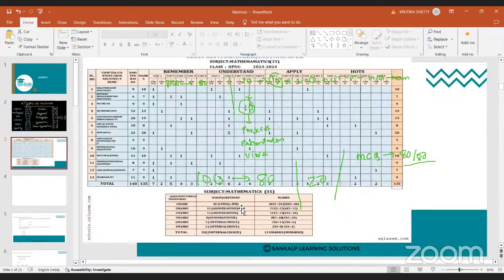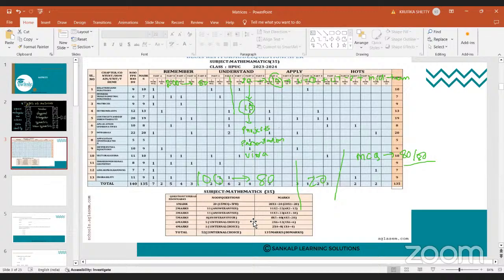If you score 20 out of 20 in the first part, it is very easy to score the remaining marks, because every other part has some options: 2 marks there is an option, 3 marks there is an option, 5 marks, 6 marks. You have MCQs plus 5 fill in the blanks.